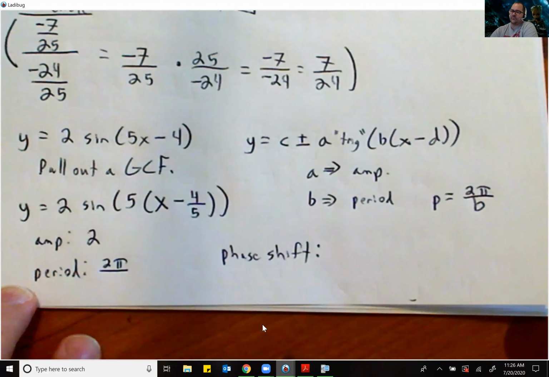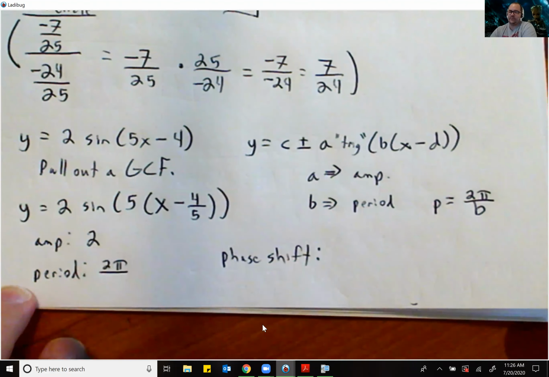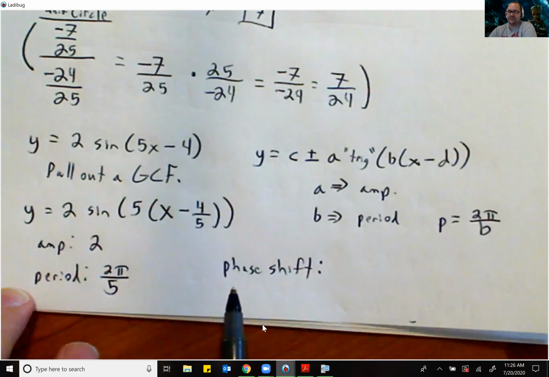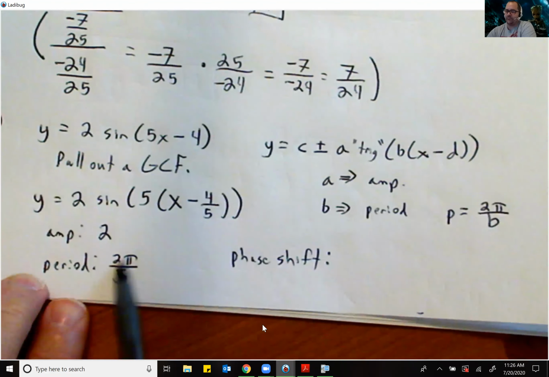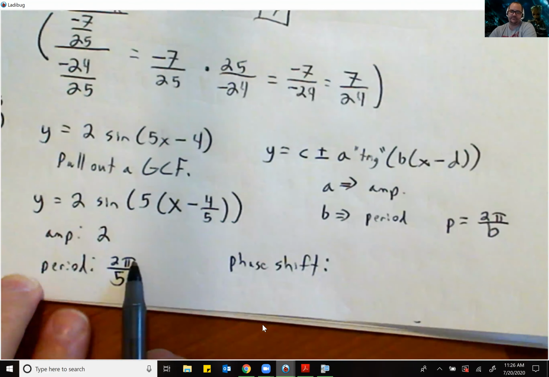Our B is in front of the parenthesis. This is why we had to do that. Divided by 5. So right here, does this reduce down? No. So our period is 2 pi over 5.